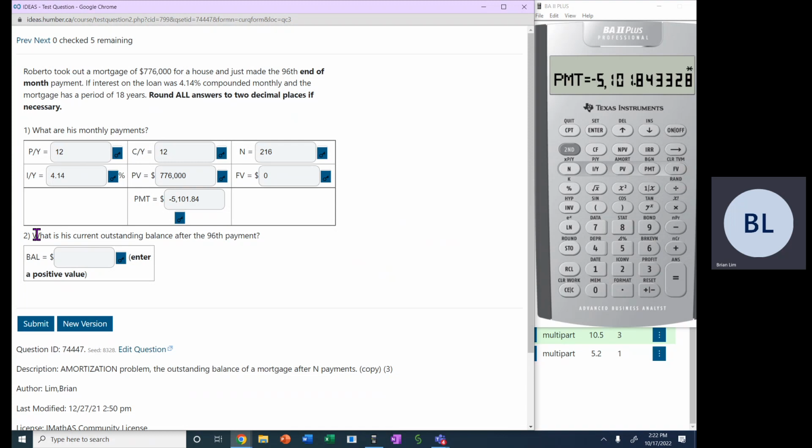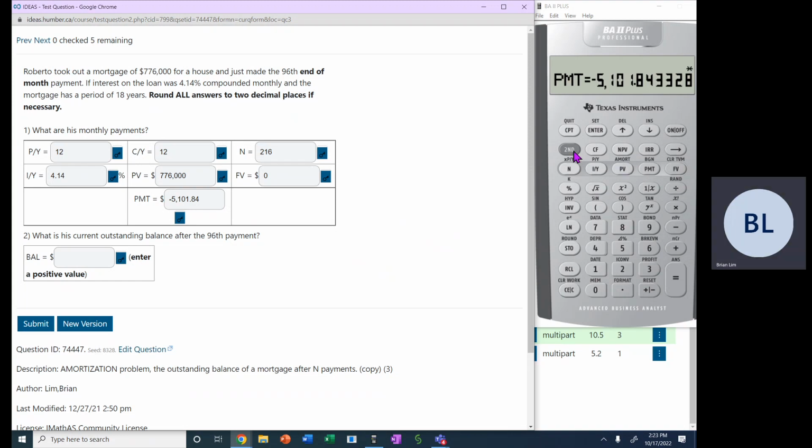The next part of the question: what is his current outstanding balance after the 96th payment? To do that, we have to enter the amortization schedule menu. Above PV, we see Amort, A-M-O-R-T.